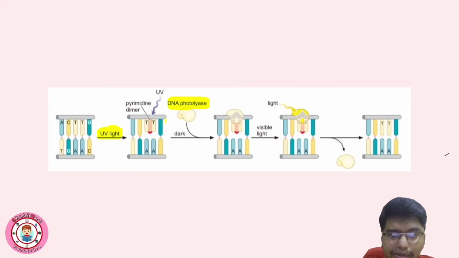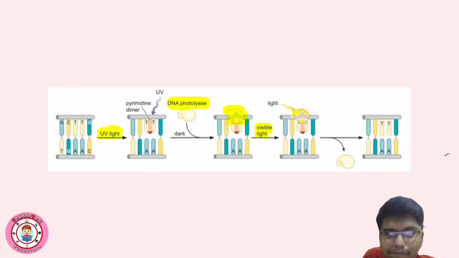Now this has to be repaired, and it is done by DNA photolyase. Photo means light, so it also requires light. It binds to this dimer with the help of visible light. It captures energy from the light, and then the energy is used for breaking the bond between these dimers.